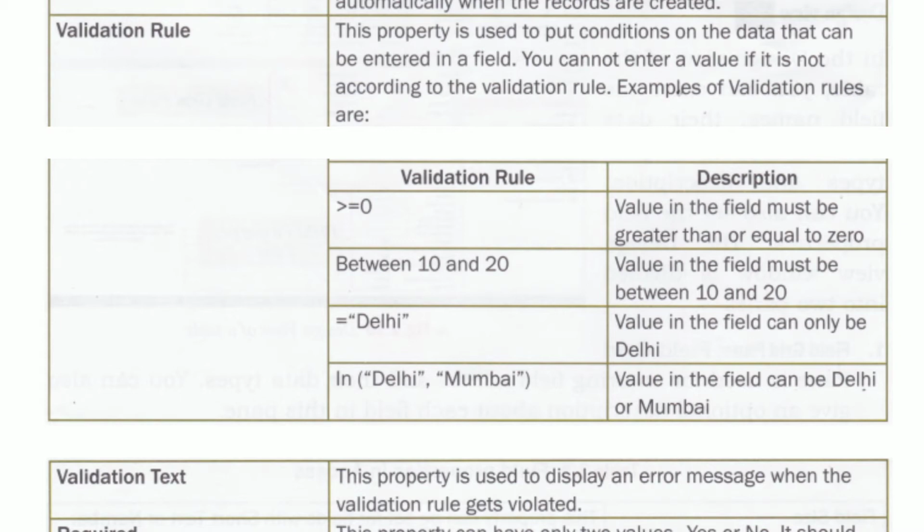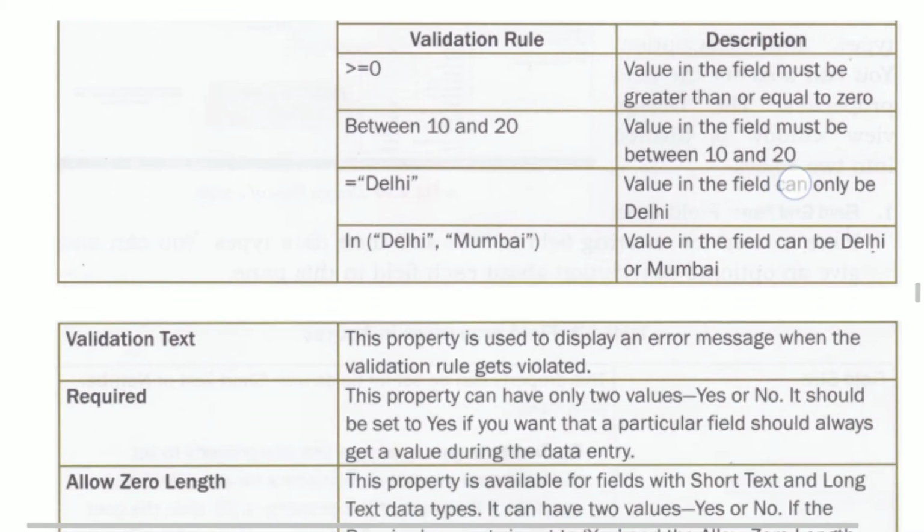If we are putting a value other than Delhi or Mumbai in a particular column, it will not be accepted. This work is done by validation rule. If we set any condition using an expression that limits the value that can be entered in a field, it is the most important and complex property of a field.